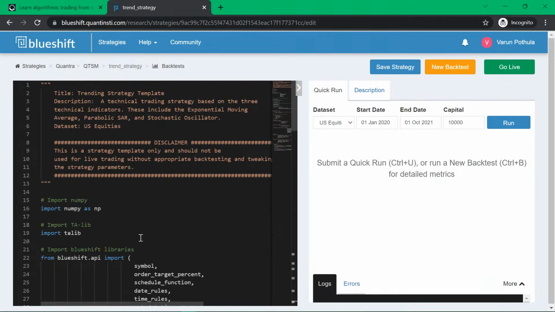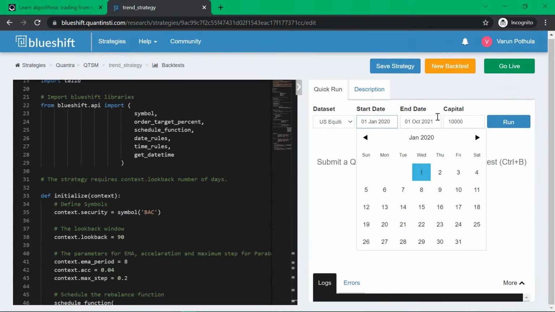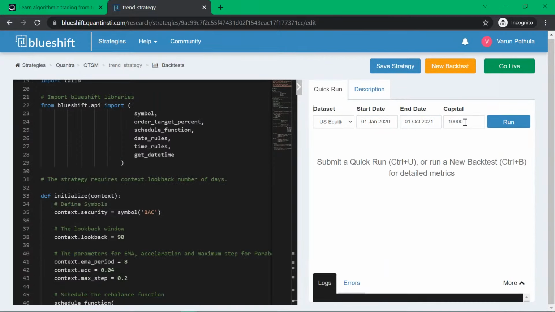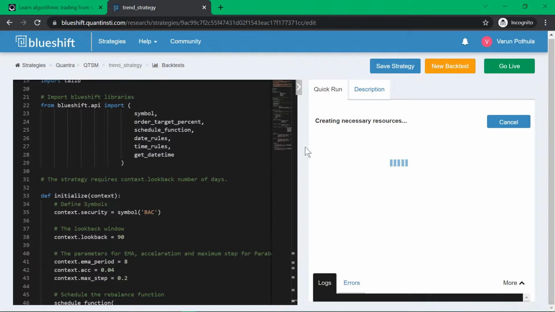Let's backtest it on Bank of America from the beginning of January 2020 till October 2021. Let's give a capital of $10,000 and let's see how it performed. In probably less than a minute, it's going to give us the results of the backtest.